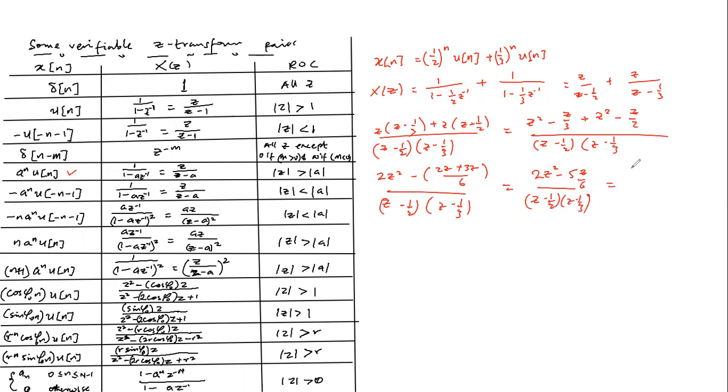And this will give us, if we bring 2z out, 2z times z minus 5 over 6, divided by z minus 1 over 2, z minus 1 over 3.